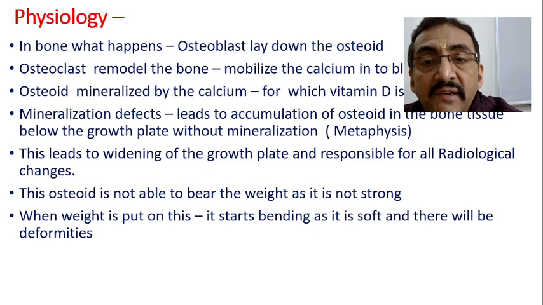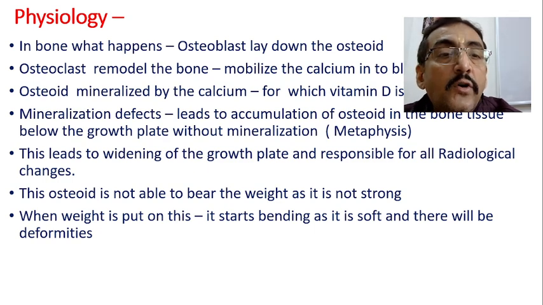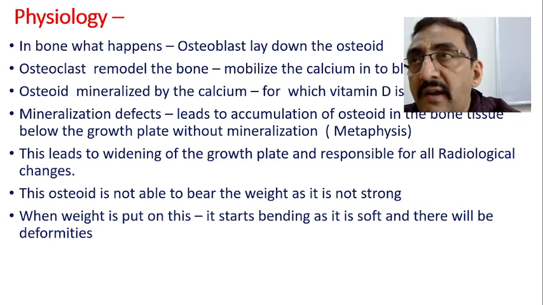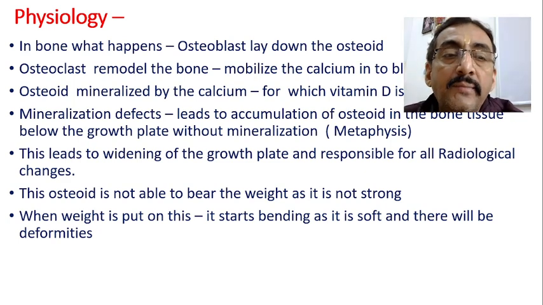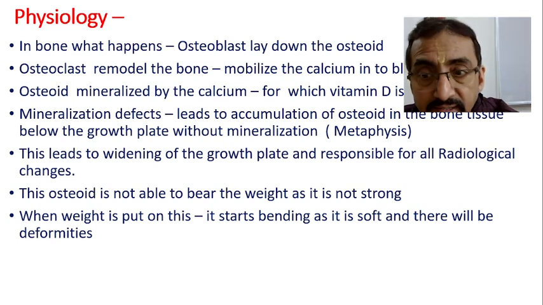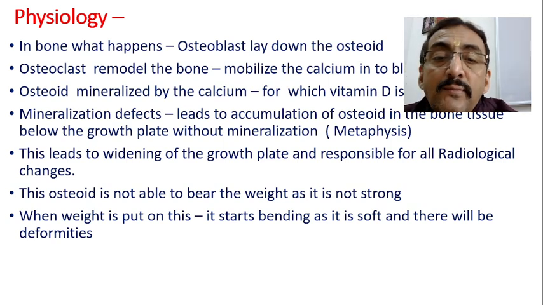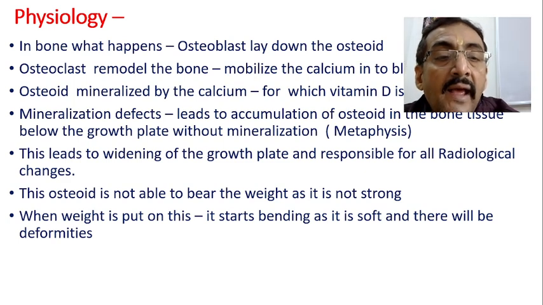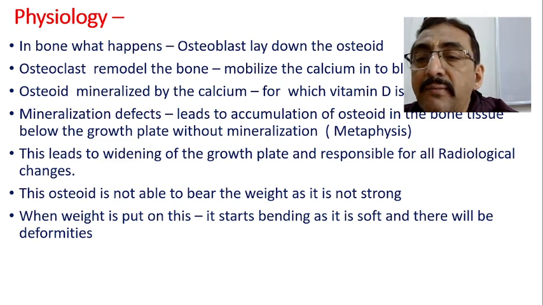Mineralization defects lead to accumulation of osteoid in the bone tissue below the growth plate without mineralization, that is below the metaphysis. This leads to widening of the growth plate and is responsible for all radiological changes. And this osteoid is not able to bear weight as it is not very strong. So when weight is put on it, it starts bending as it is very soft, and there will be deformities.